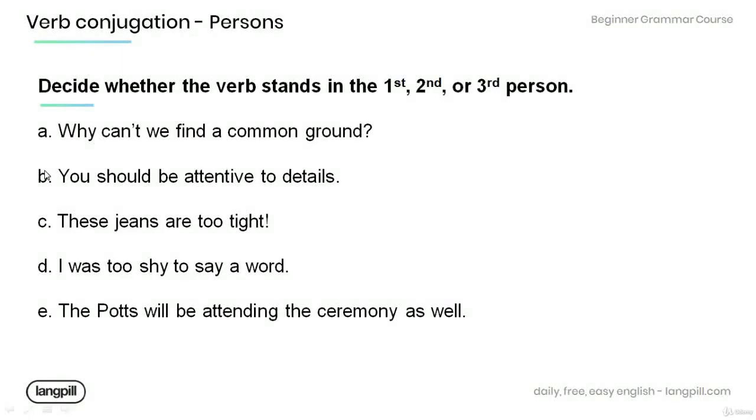Now time for you to practice on your own. Read the following sentences and decide whether the verb stands in the first, second, or third person. A. Why can't we find a common ground?